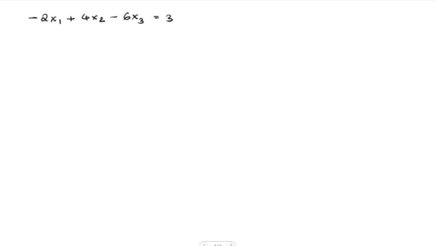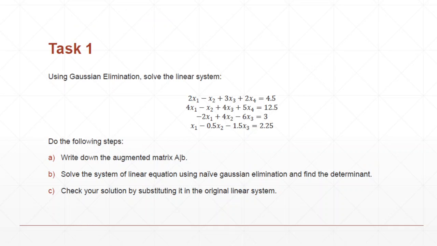So this is one of our equations that was given to us, right? I took this one here. So we'll replace our values of the solution vector x here, and we'll see if we reach the value 3.